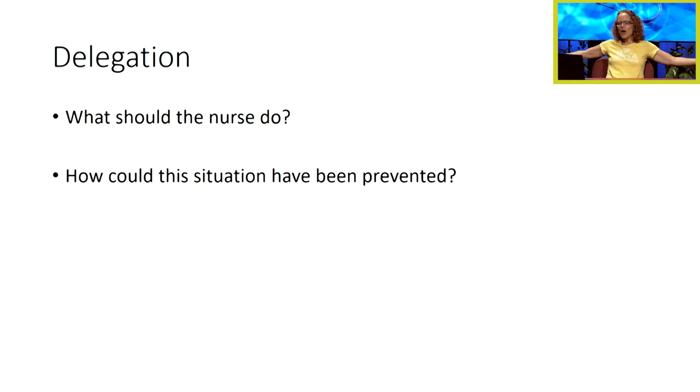So if this happened, what would you do? And how could you have prevented this? Well, first of all, I think it would be okay if you made this mistake, because it would be considered a mistake. You shouldn't delegate that.